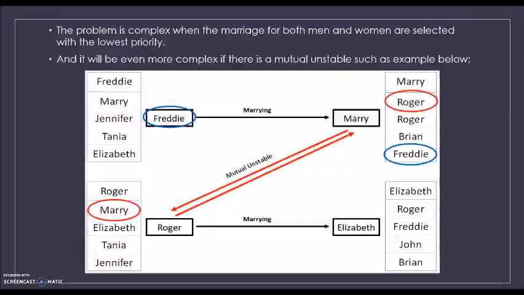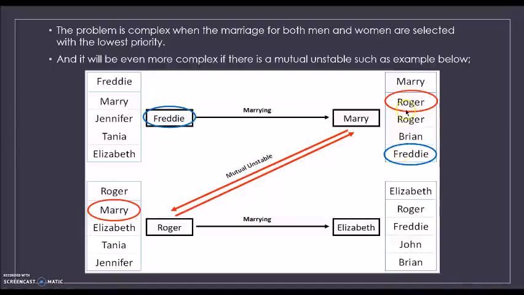What we want to avoid in this problem is someone who has a priority choice not getting that. For this example, Freddie likes Mary, so Mary is his first choice. But for Mary, Freddie is the last choice.